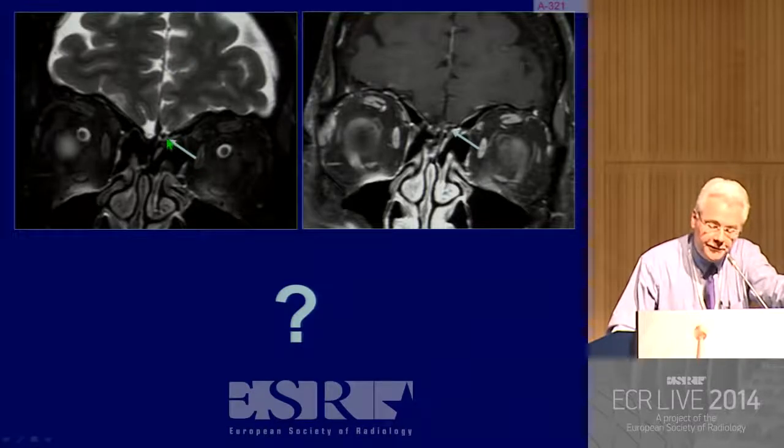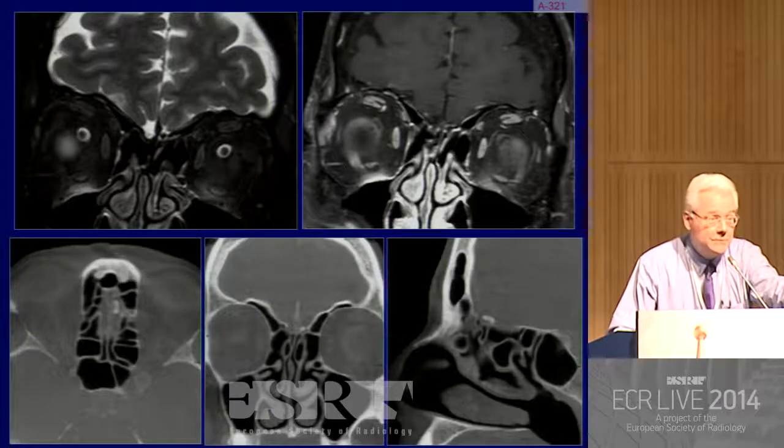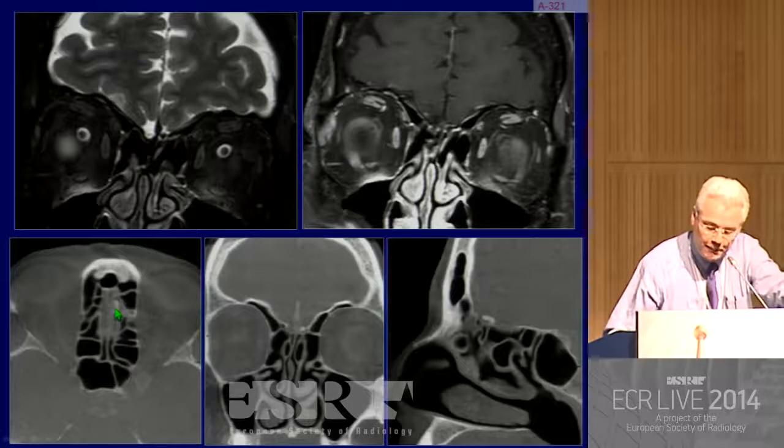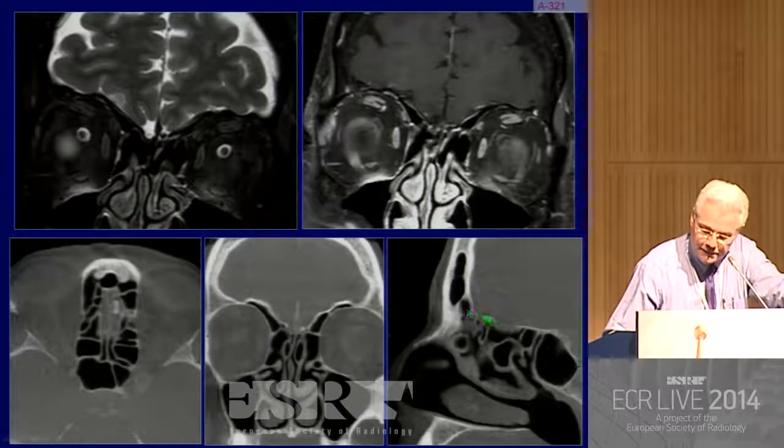And what is very interesting is what was the black object? It was unidentified. We did contrast-enhanced images with FATSAT, but we had no peculiar information. And what gave the information was, of course, the CT. It was a little osteoma which was located in the olfactory groove.